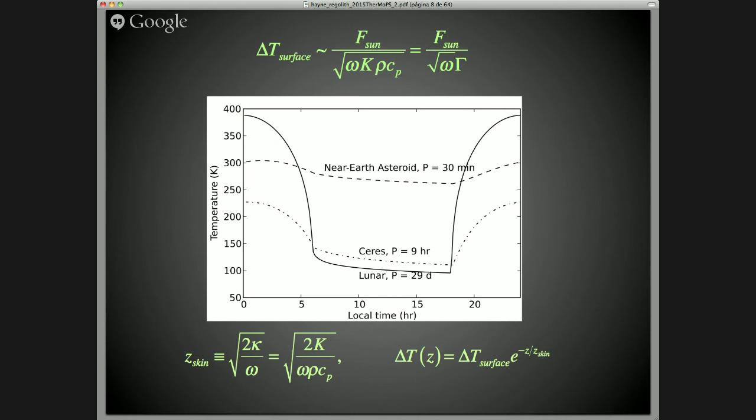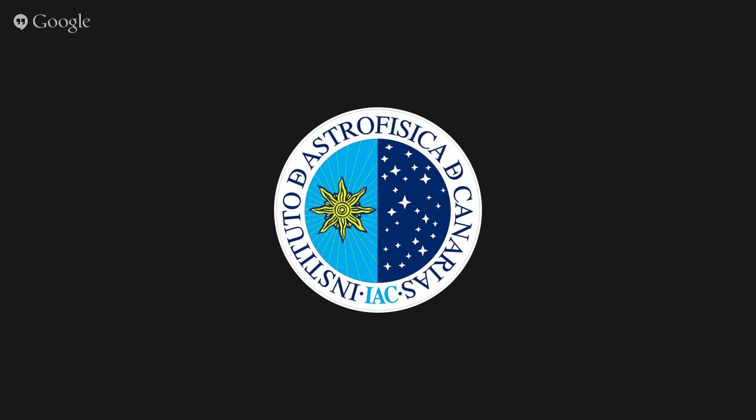Okay, so Diviner is an instrument on Lunar Reconnaissance Orbiter. We've been in orbit around the moon since 2009. We're still there, taking data right now. It's a push broom mapping radiometer. We have multiple spectral bands spanning from the visible out to the mid to far infrared. Our longest wavelength channel goes about 100 microns out to 400 microns wavelength.